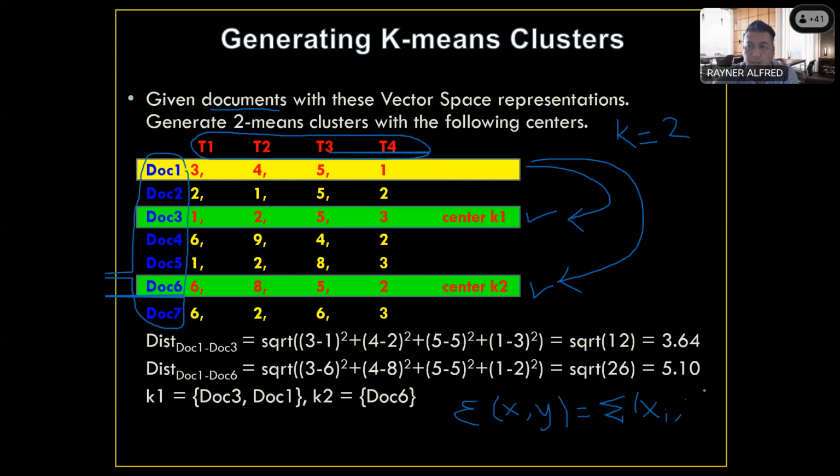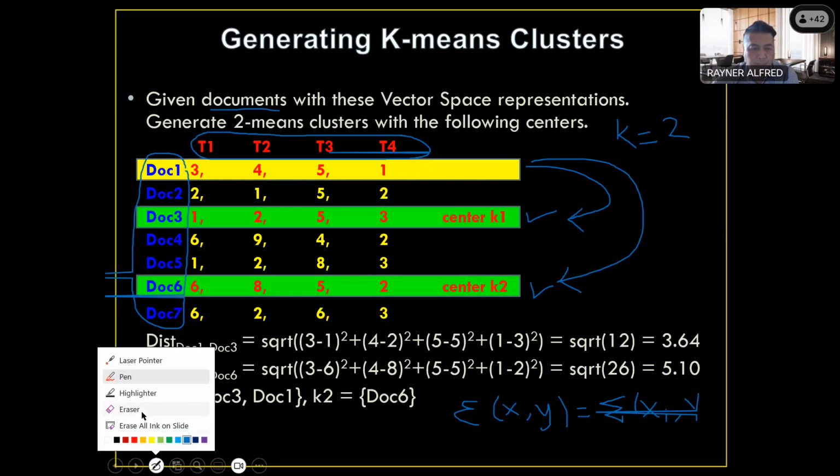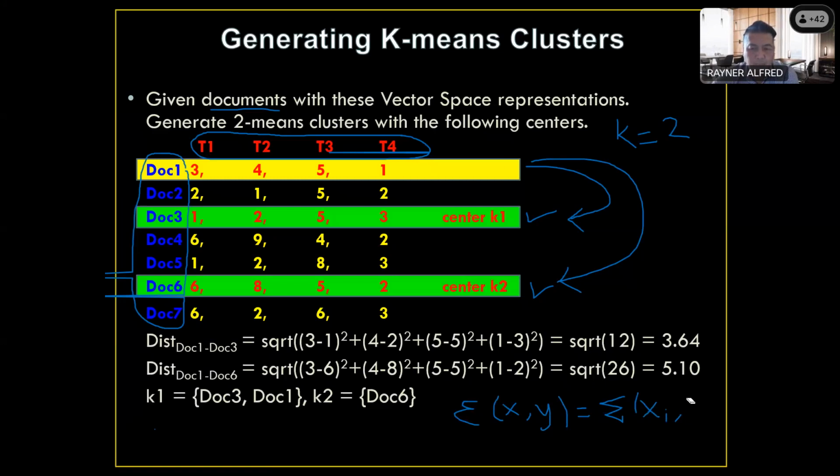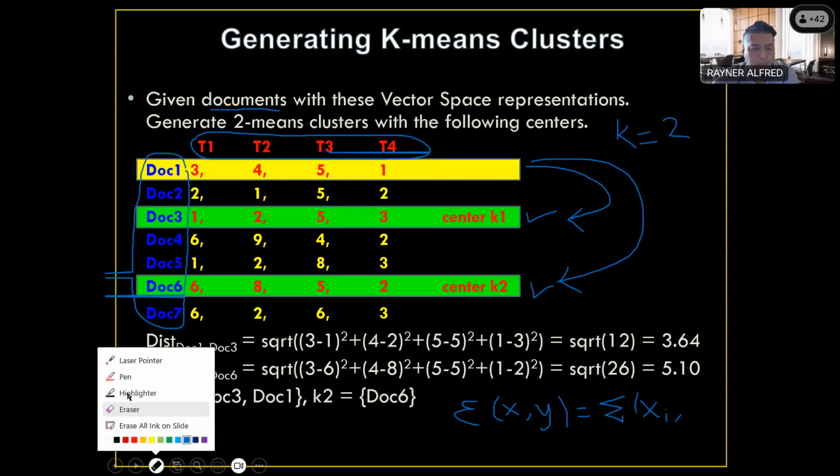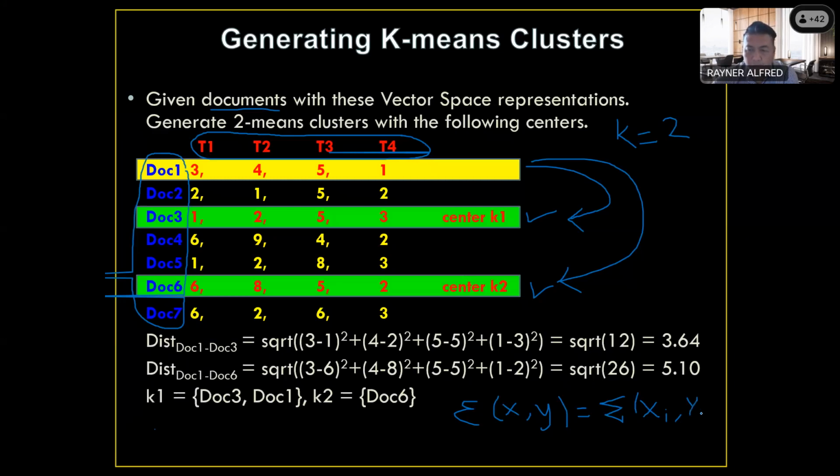They are vectors, so this is x and this is y. We take the summation of the differences of x and y, and we square them. We want to eliminate the negative value, so we square them.